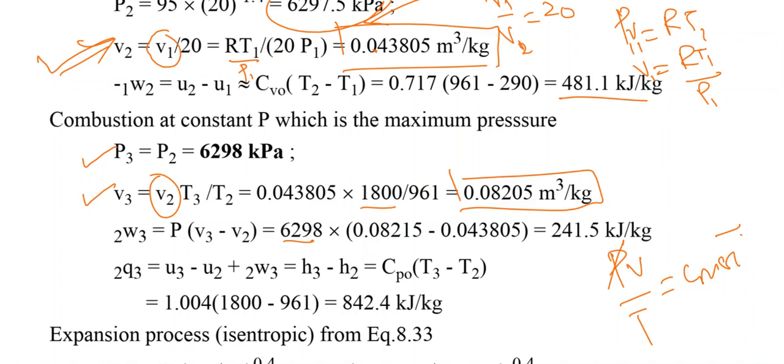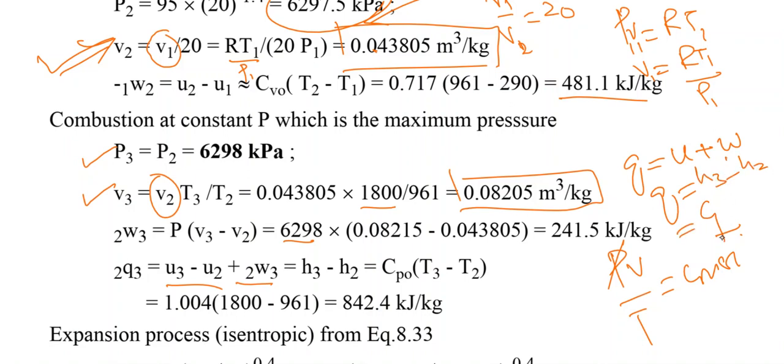The heat transfer from 2 to 3, using the first law of thermodynamics, will be equal to change in internal energy plus work done. Yes, you can use that, but also you can use the equation which we've already said earlier, that the heat transfer in a constant pressure process is equal to change in enthalpy, which is equal to H3 minus H2.